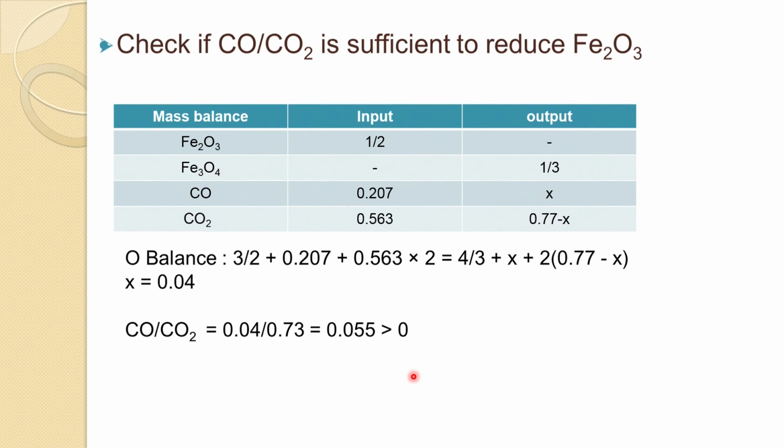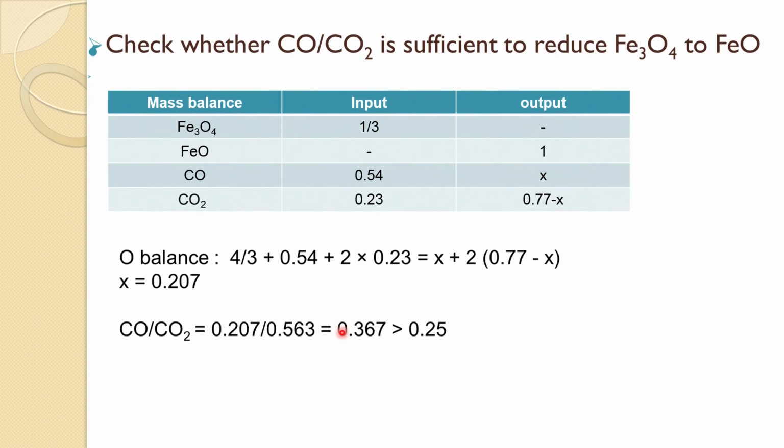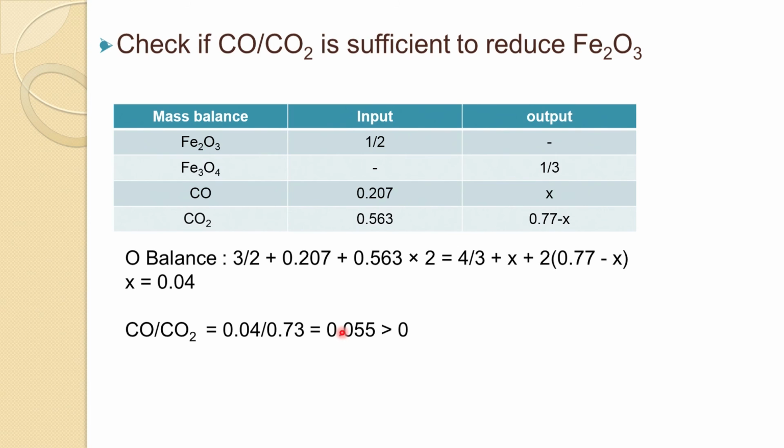So this is again checking after this, is it sufficient to reduce the hematite into magnetite? Again, if we do the balancing act, we will come to the same thing. So here 3y to the oxygen, which we are getting output before y3, and so x comes 0.04.